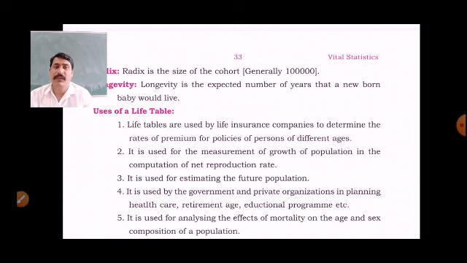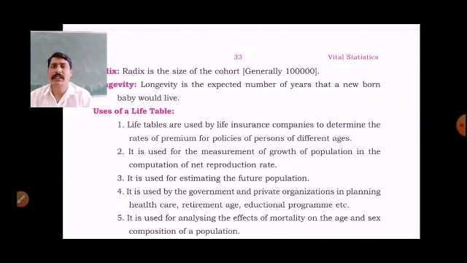And the last point is, it is used for analyzing the effects of mortality on the age and the sex composition of the population. Which is one of the important points here, age and sex composition of the population. Nowadays it is even in the news that in Karnataka, per 1,000 men, around 950 females were there.